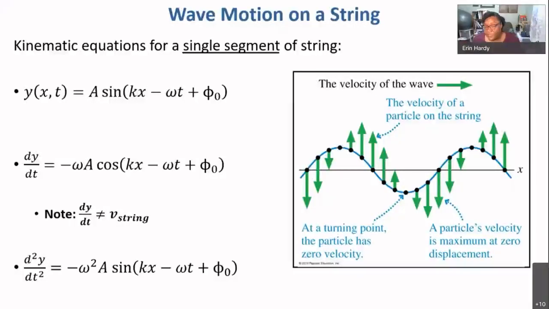Or we can use knowledge about the properties of the medium, the linear density of the string and its tension. Combining those also gives us the speed of the wave on the string. But this velocity in the y direction is not the same as the wave speed oriented in the x direction.